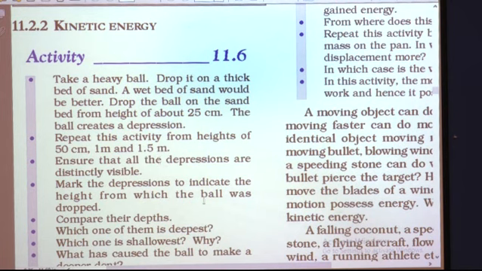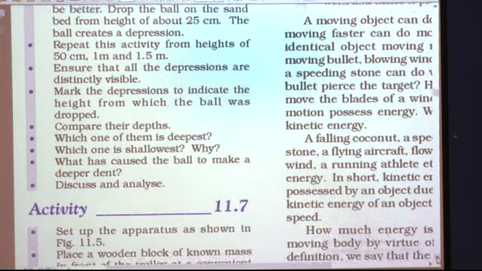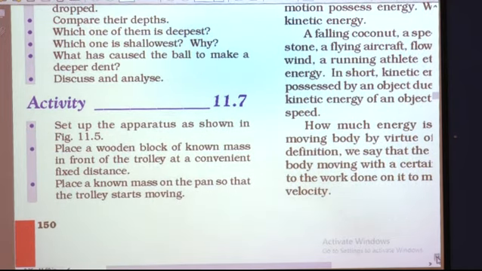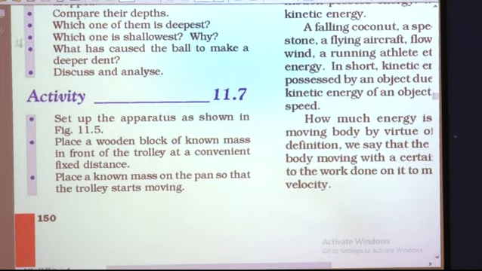Mark the depressions to indicate the height from which the ball was dropped, and compare their depths. You can note down or write there the height from which the ball was dropped. Then compare their depths. Which one of them is deepest?